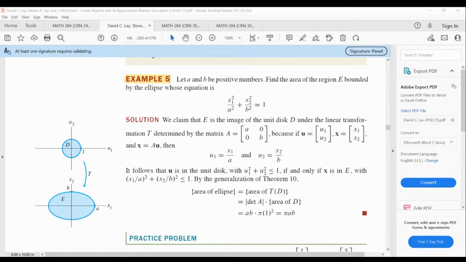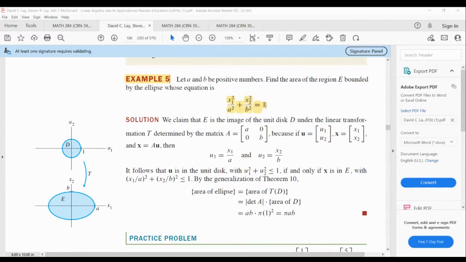So in example 5, let A and B be positive numbers. Find the area of the region E bounded by the ellipse whose equation is given here. I'm sure you've all seen the equation of an ellipse in standard form.